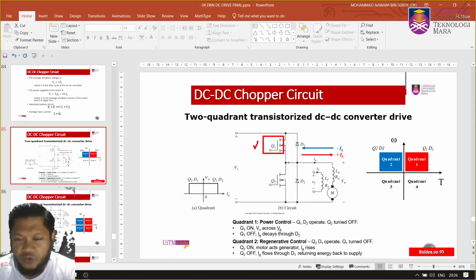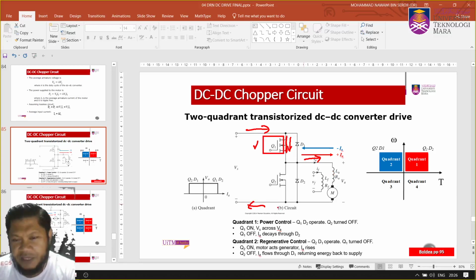You turn on Q1, and therefore this will appear as a short circuit, isn't it? Therefore, the current starts to flow in that direction, goes through the armature winding here, resistor and inductance, and back EMF, and comes back to your DC supply here.